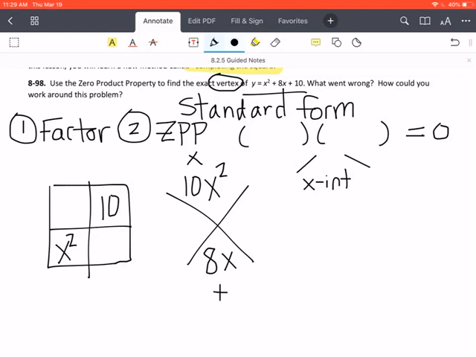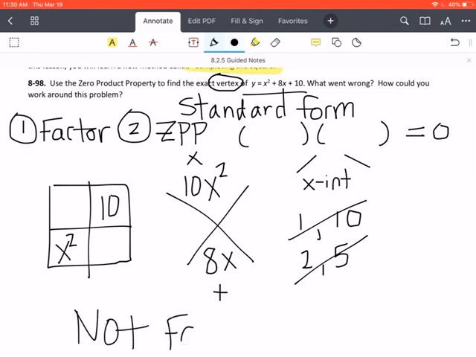We always focus on the multiplication first. So on our factor chart, we know 1 and 10 and 2 and 5 are the only two options that will multiply to be 10. However, 1 plus 10 is not 8 and 2 plus 5 is not 8. So we would say in this case that this is not factorable.